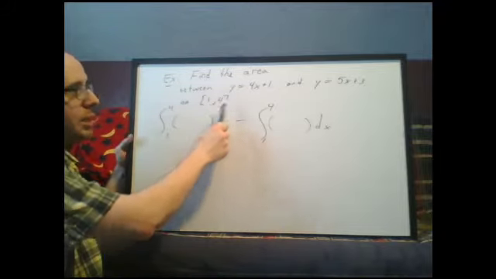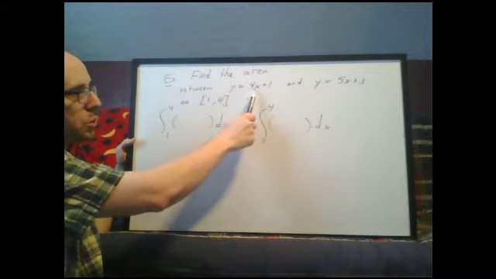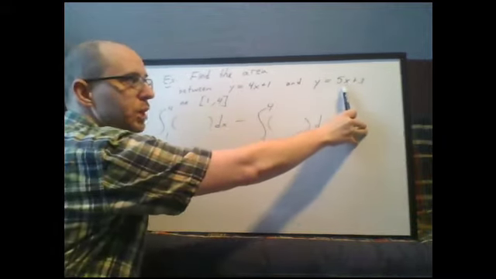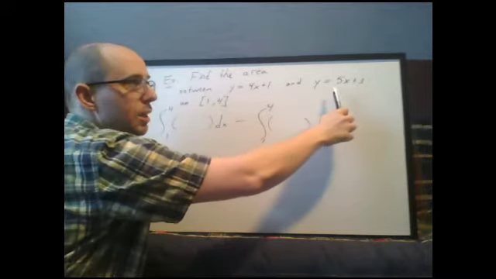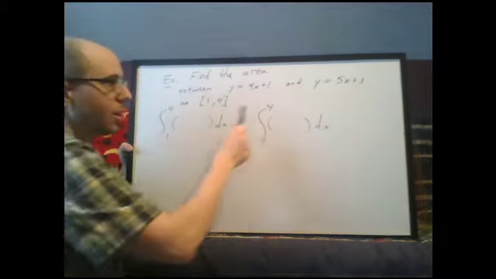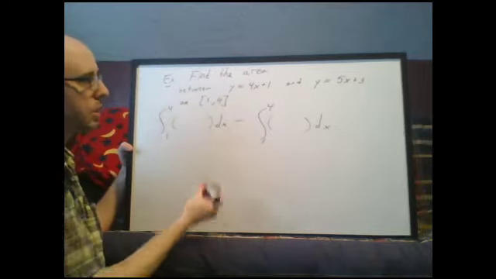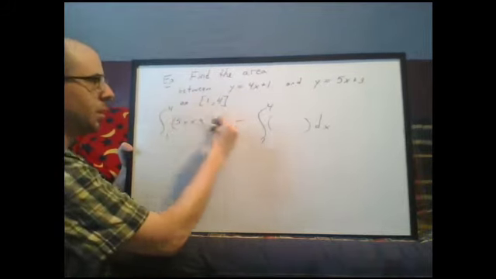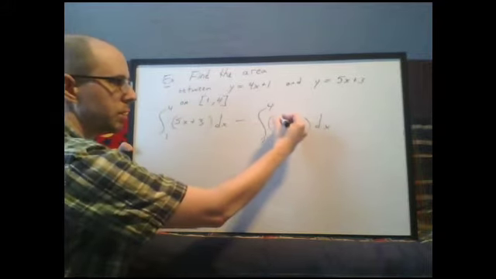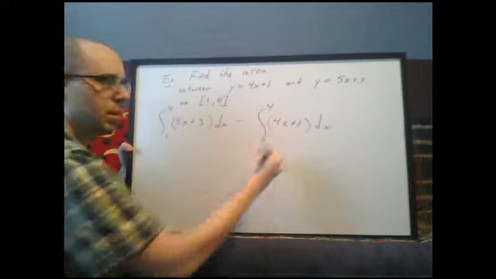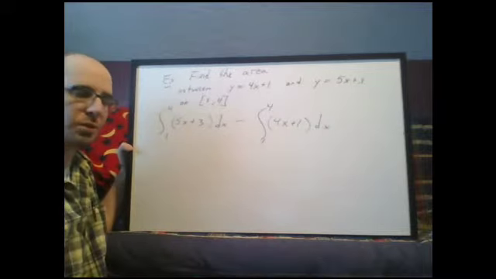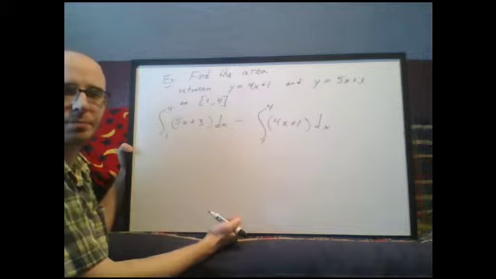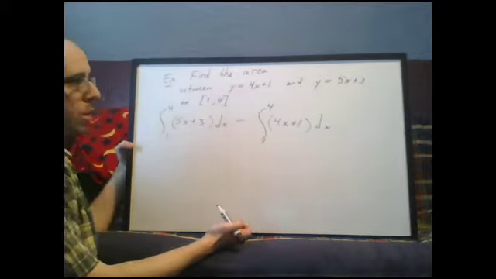If I plug in x equals 2 into this function, I get 2 times 4 is 8, plus 1 is 9. If I plug it in here, I get 2 times 5 is 10, plus 3 is 13. So this is the bigger function on this interval. That means I would integrate 5x plus 3, and then put the smaller function here, 4x plus 1. So you have to figure out which of the two functions is bigger. That tells you which subtraction to perform.